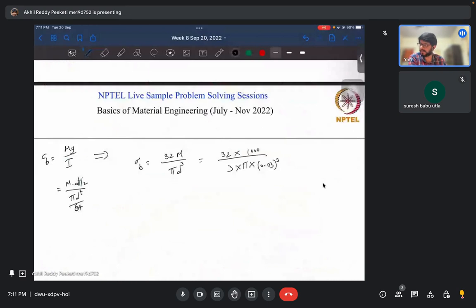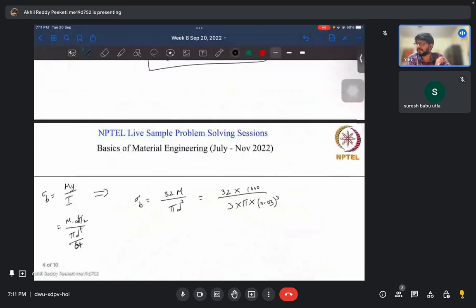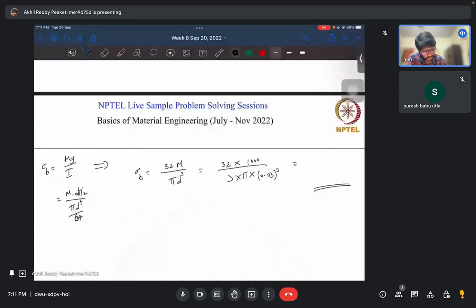This is how you can get the bending moment. So it is almost 125.75 MPa. Okay. So this is the bending stress at the point E.